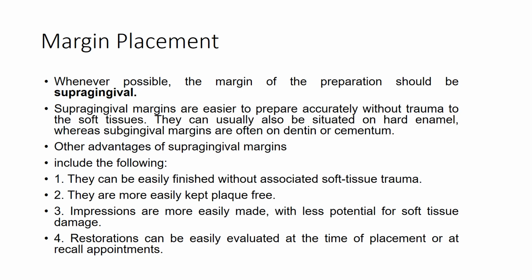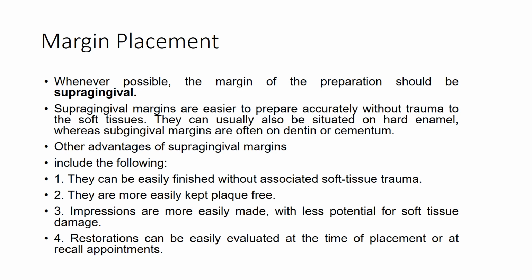Then the restoration can be easily evaluated at the time of placement for proper marginal adaptation, because everything is supragingival and can easily be assessed, as opposed to a subgingival margin which is inside the sulcus. So a supragingival margin is more advantageous because it is an easy margin to prepare, to reproduce, to take impressions of, and to verify.